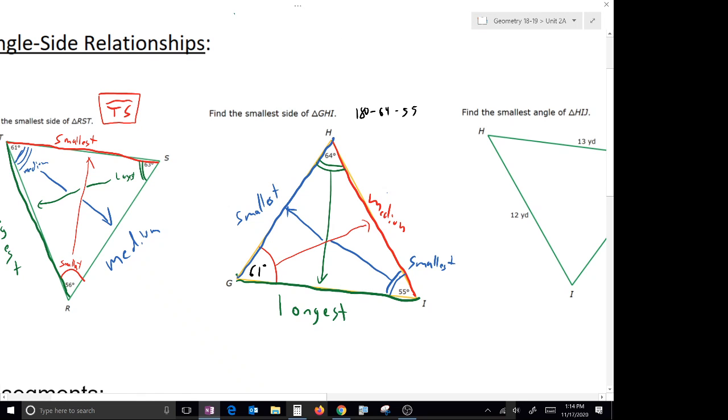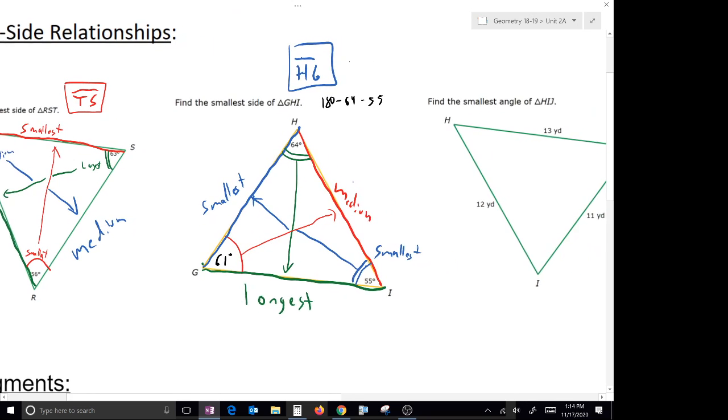So the correct answer is HG, not IH. So HG or GH would be our smallest. Okay.